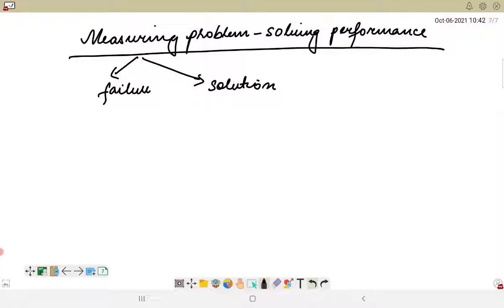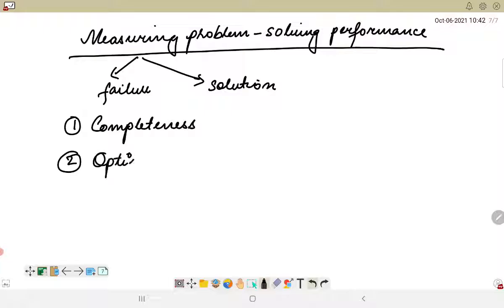Now, how can we evaluate the algorithm's performance? The algorithm's performance can be evaluated in 4 different ways. The first one is completeness. The second is optimality.